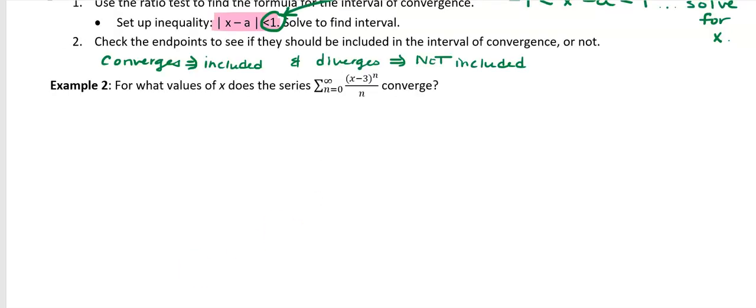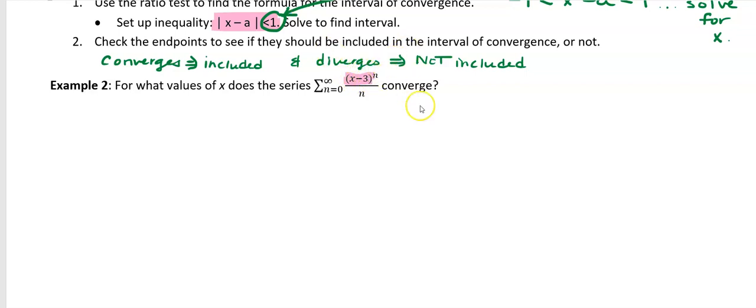Now, example 2 states, for what values of x does the series from n equals 0 to infinity of x minus 3 to the nth power divided by n converge? So again, we're trying to find the x values for which this converges, but I'm highlighting this little piece right here for a reason.